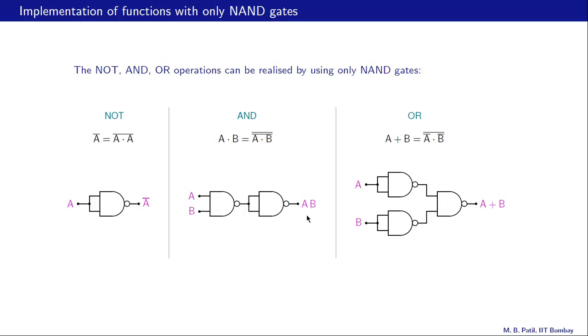And here is the OR operation. This is an inverter, the same as this one. So we have A bar here, B bar here, and then we have A bar and B bar and the not of that, like that. And that, by De Morgan's theorem, is nothing but A plus B. So that is our OR implementation.